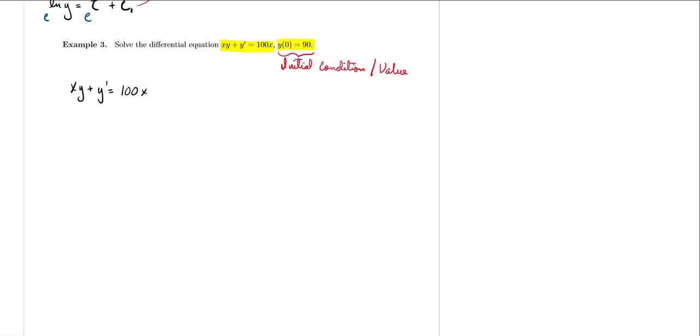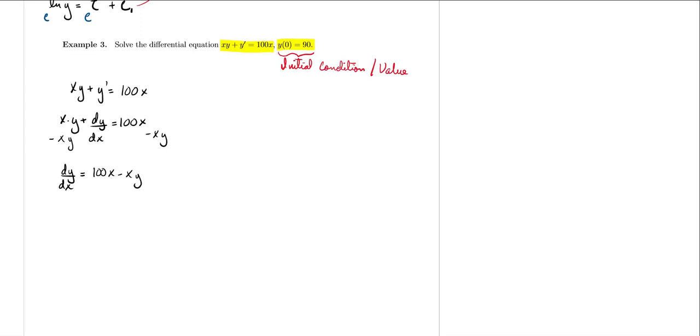Alright, so again, remember the first thing to do here is to rewrite it in terms of dy dx. So we're going to have x times y plus dy dx equals 100x. Alright, so let's see if we can get the x's with the dx's and the y's with the dy's. The first thing to note is that I can subtract an xy from both sides, which would give us dy dx equals 100x minus xy.